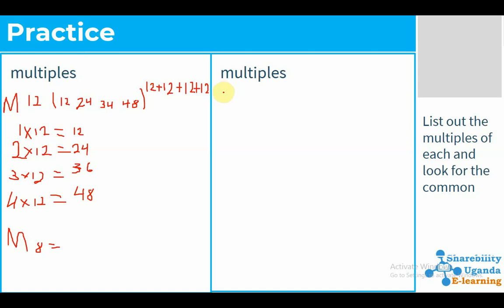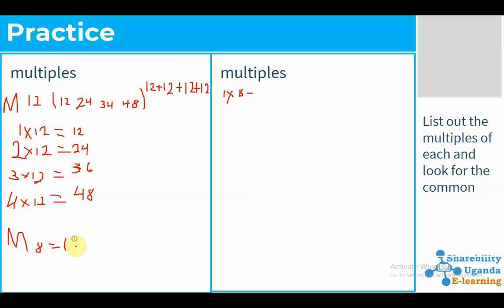Remember we said we look for those numbers that are greater than 0. So we say 1 times 8. We are going to write them here. 1 times 8 is equal to 8.